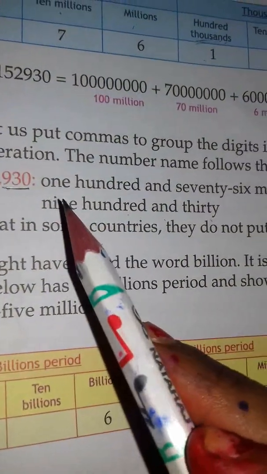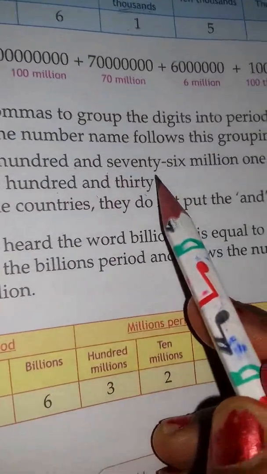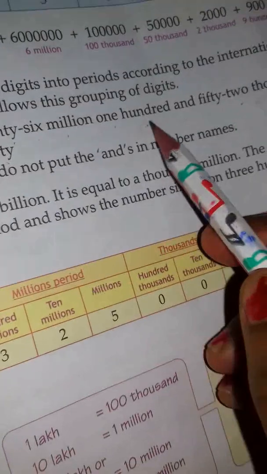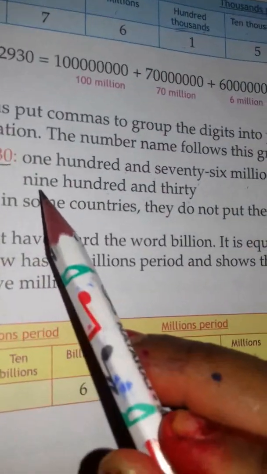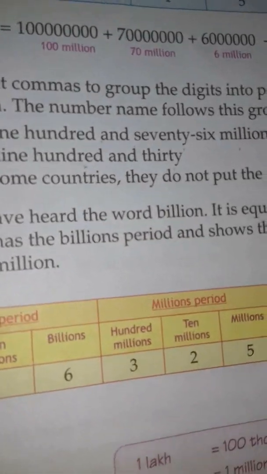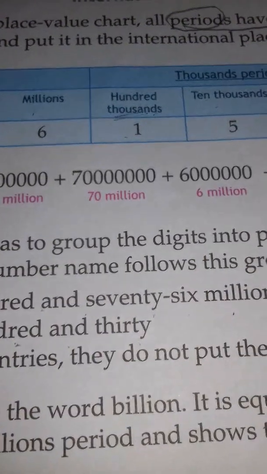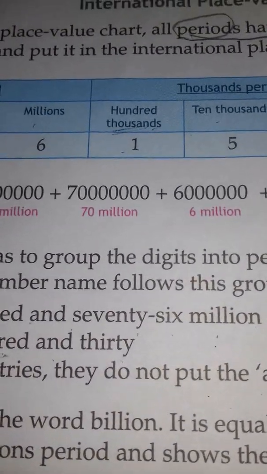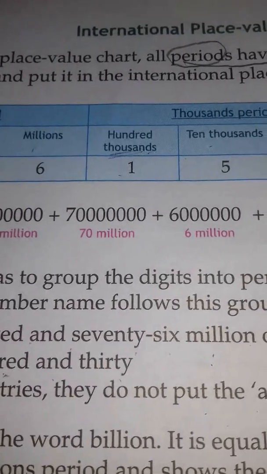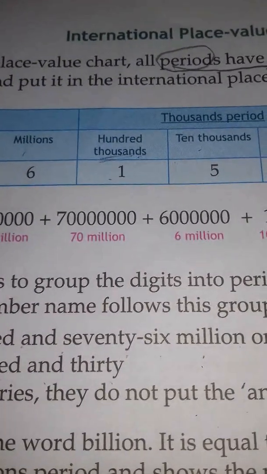So we will write this number as 176 million 152 thousand 930. So in my next video we will learn some more about this. Now for today, you just practice this international and Indian place value chart.